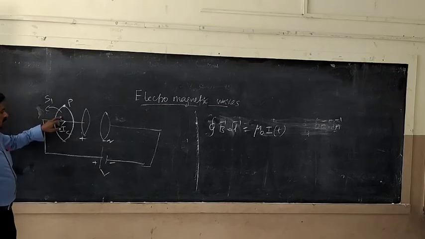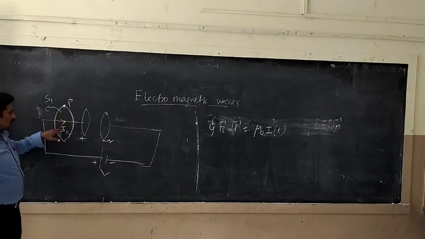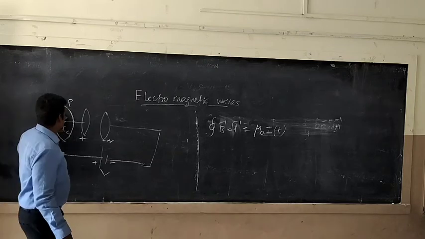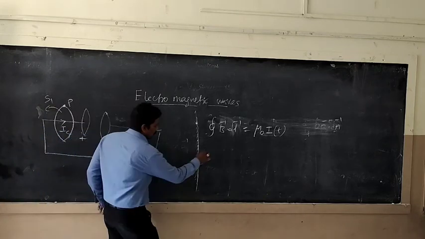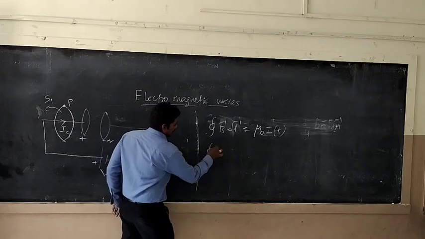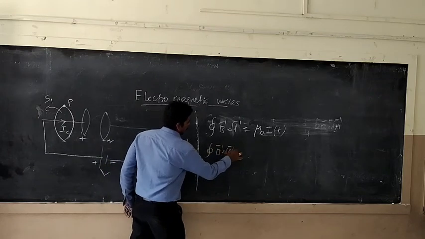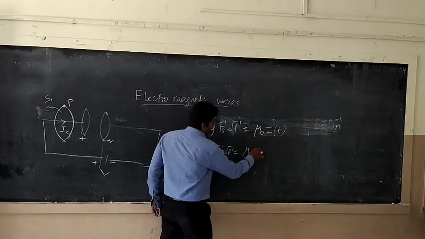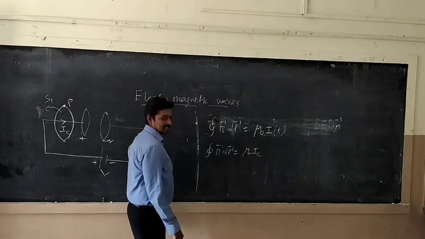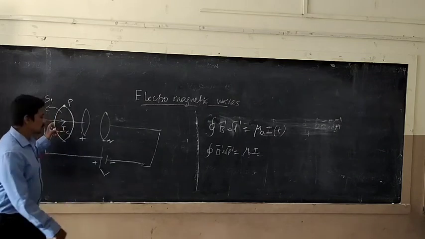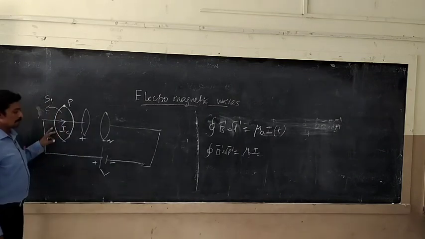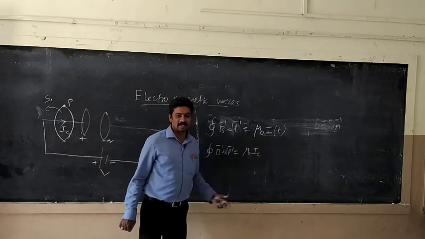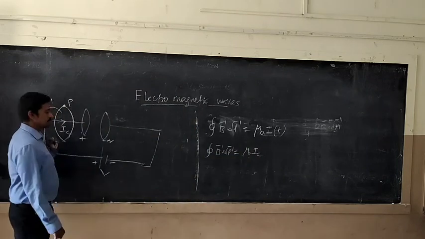S1 is the surface bounded by the Amperean loop. So, closed integral B vector · dl vector is equal to mu naught times IC, the current flowing to the capacitor. That means IC is the conduction current flowing through the wire.